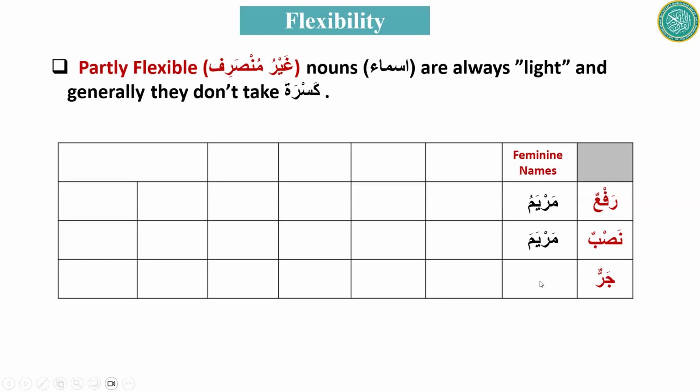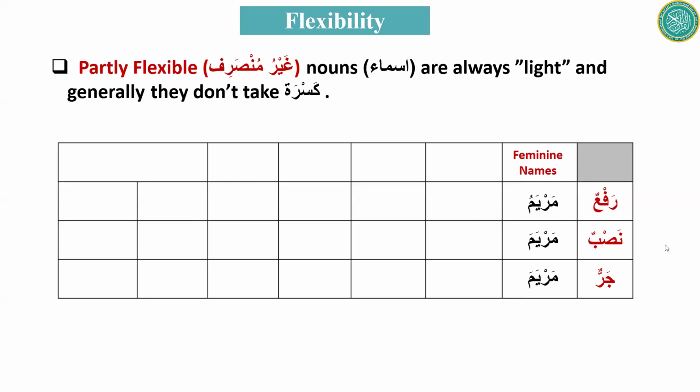And how about jar? Maryami? No, because it doesn't take kasra, Brother Wahid. Maryama. Good, thank you, Brother Wahid. Because it has to be light, it cannot be Maryamun or Maryaman, and it doesn't take kasra generally. That is why it cannot be Maryami. So Maryamu, Maryama, Maryama: rafa, nasab, and jar.